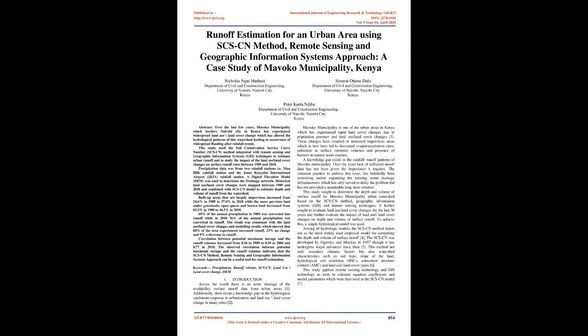The result was consistent with the land use/land cover changes and modeling results, which showed that 68% of the area experienced increased runoff, 23% no change and 9% a decrease in runoff.